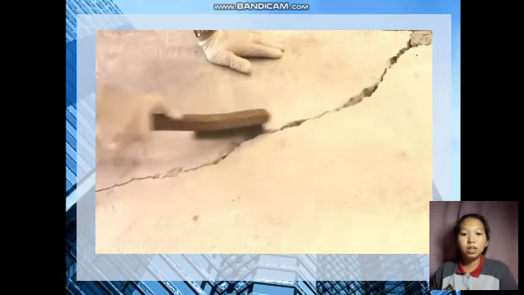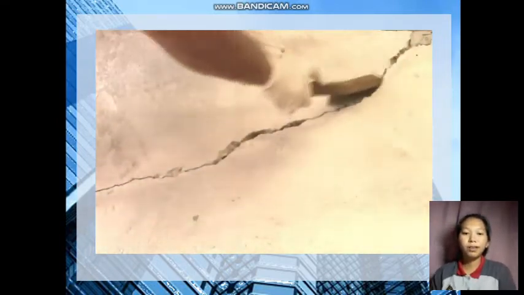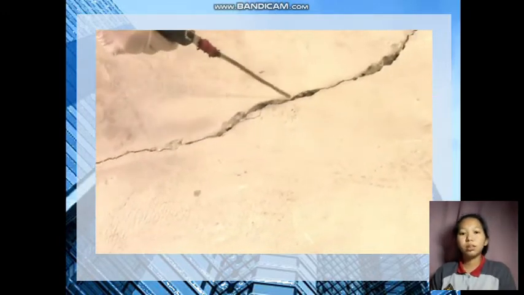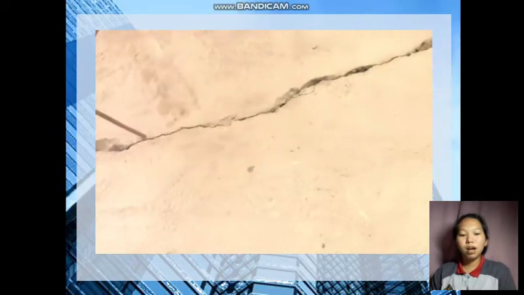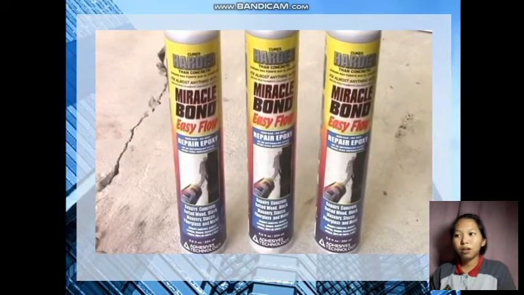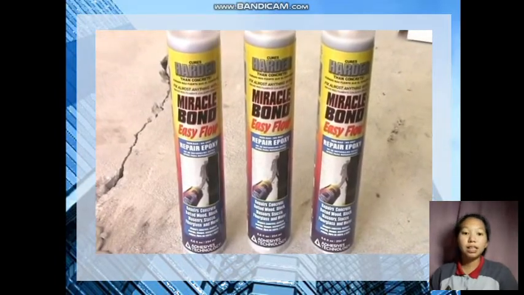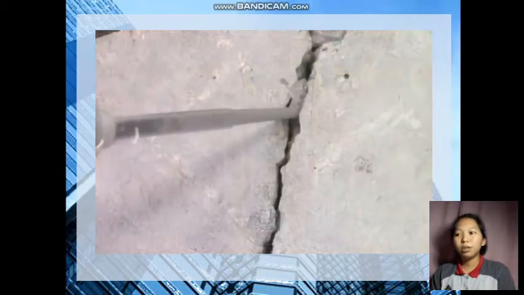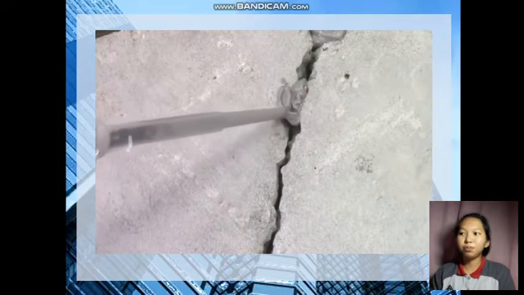The first step is cleaning, syempre. Lilinisin muna yung cracks, all the debris, para kumapit yung ilalagay natin na epoxy or yung adhesive.